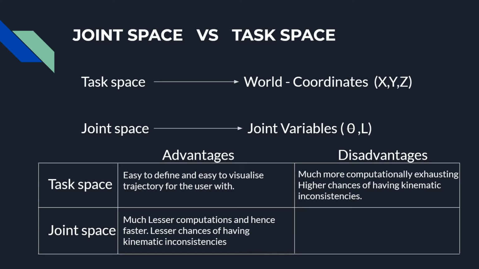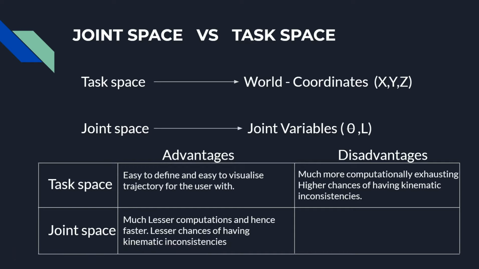That means in joint space we're talking about all of the thetas and the L, how the value of theta or L is going to change with respect to time. So we're going to say that the angle is going to be 30 degrees, 45 degrees, then 60 degrees after another 10 seconds. That is joint space. That is why it's much fewer computations, because inverse kinematics does not have to be applied.